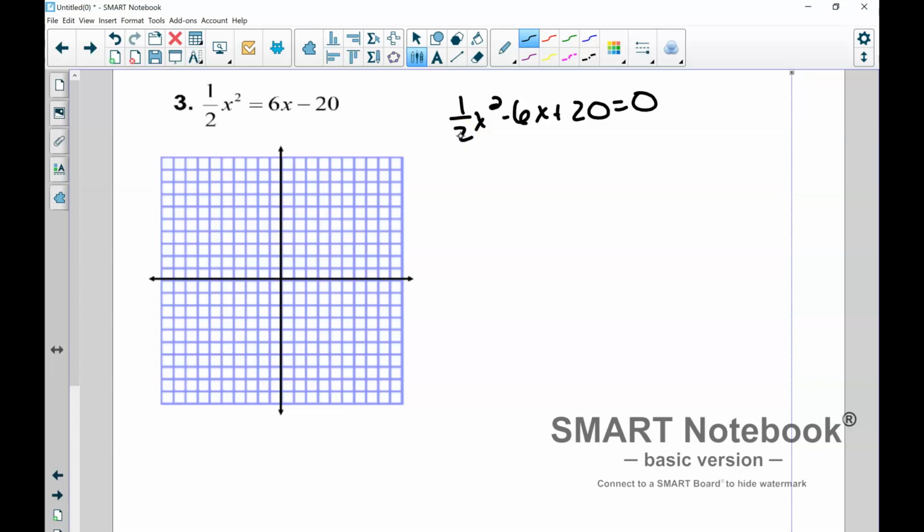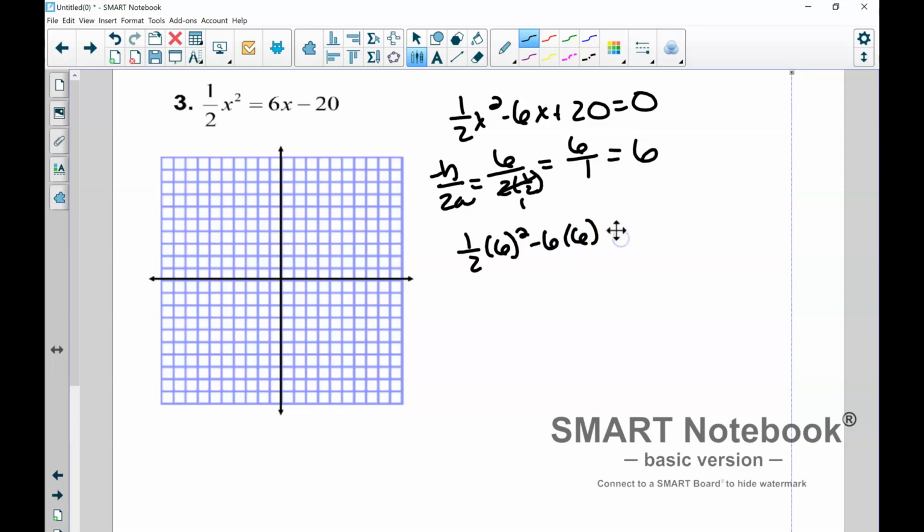So I would use negative b over 2a. So the negative times a negative is a positive. 2 times 1/2 reduces to 1, so that's a 6.